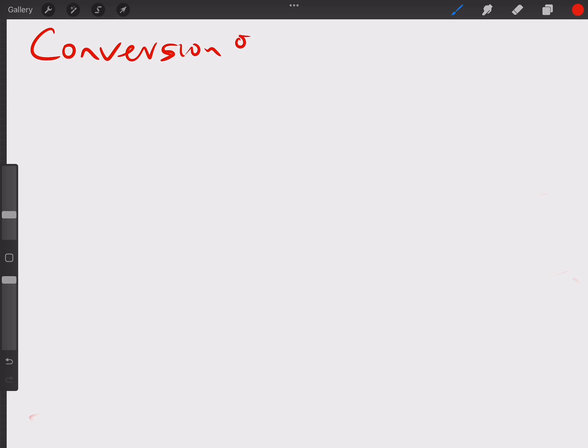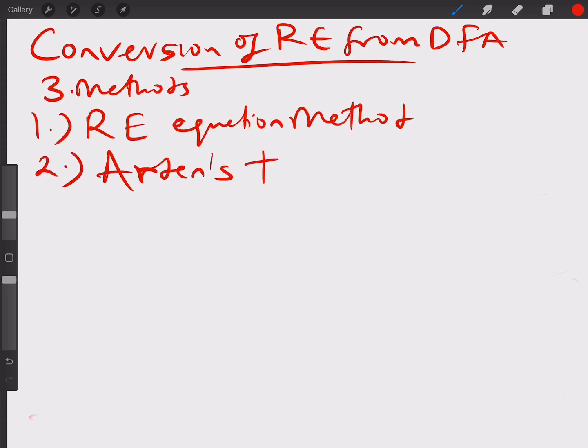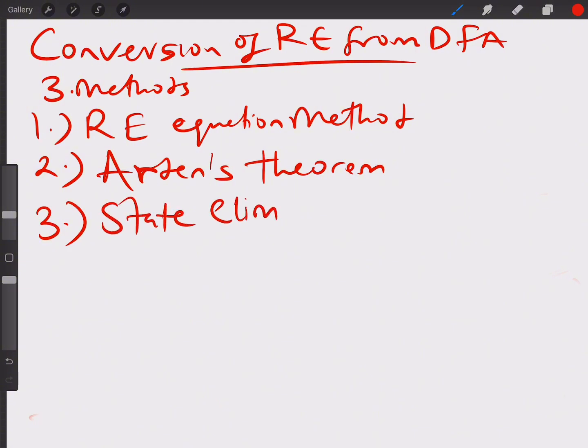All right. So, conversion of regular expressions from a DFA. Now, there are three methods to doing that. Number one, the regular expression equation method. Number two, Arden's theorem.